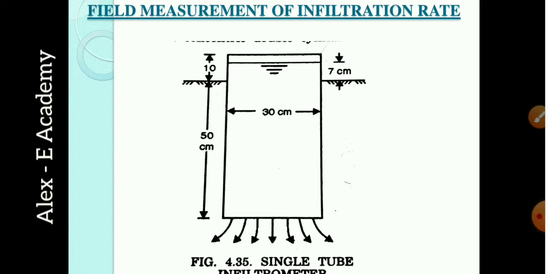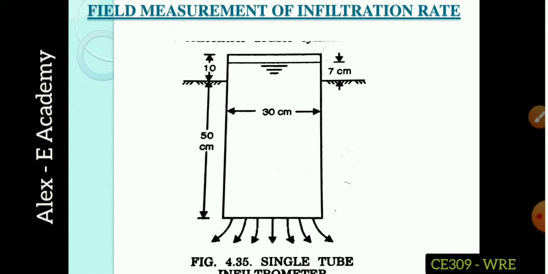The volume of added water divided by the area of the cylinder will give us the depth of the water added. With this, the infiltration rate can be calculated as infiltration rate equals depth divided by time.